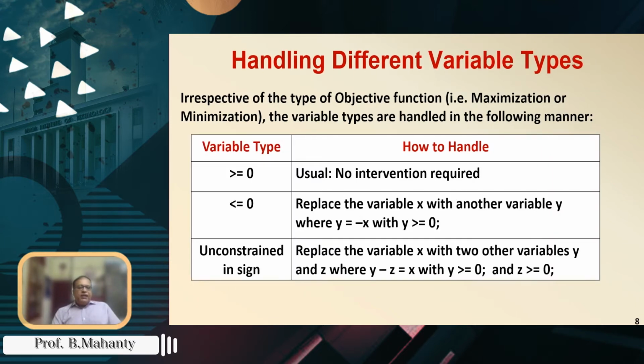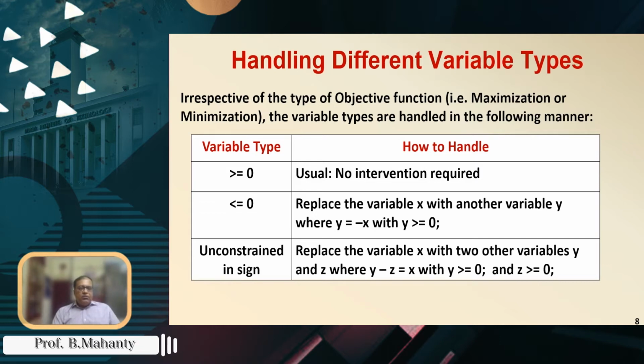Now handling different variable types. Irrespective of the type of objective function, that is maximization or minimization, the variable types are handled in the following manner. If x is greater than equal to 0, usual, no intervention is required. So there is no problem at all. But if it is less than equal to 0, then replace the variable x with another variable y, where y equal to minus x, and y should be greater than equal to 0.